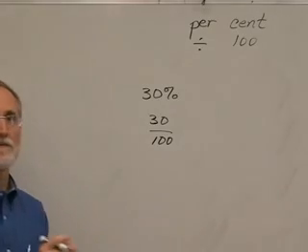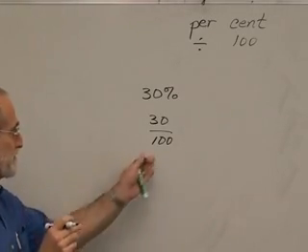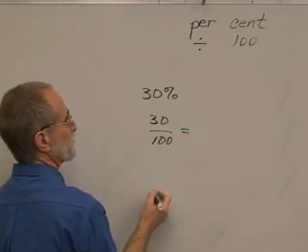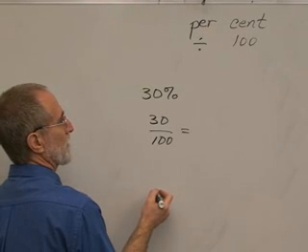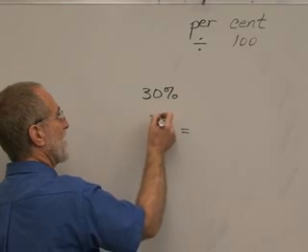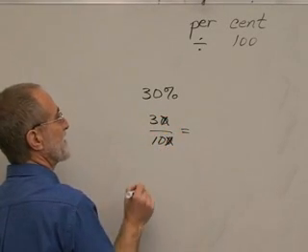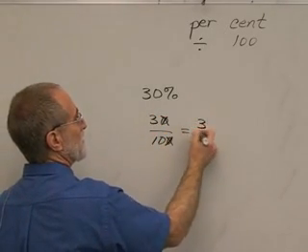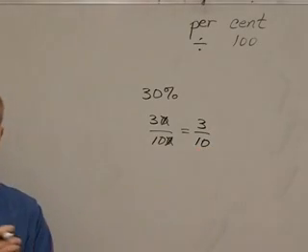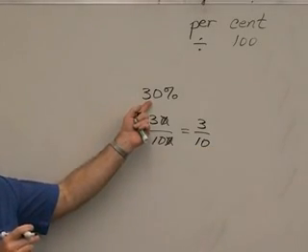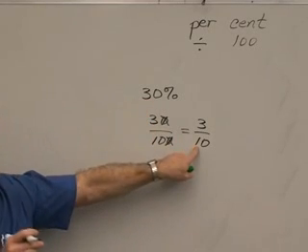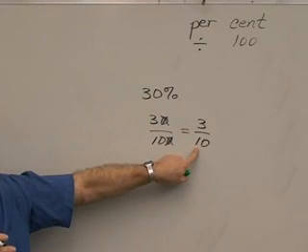That's how much of my land I'm going to give you. And if we reduce that fraction, what is that? Yeah. Divide the numerator and denominator by 10, knock off a 0. 30 hundredths is the same as 3/10, isn't it? Okay, so here's a percent, but it's really exactly the same as that fraction, isn't it?